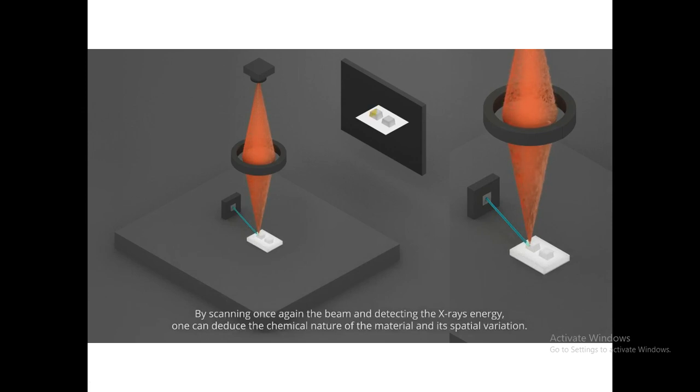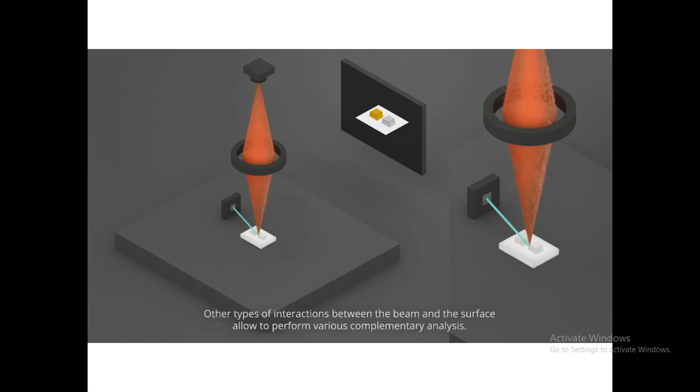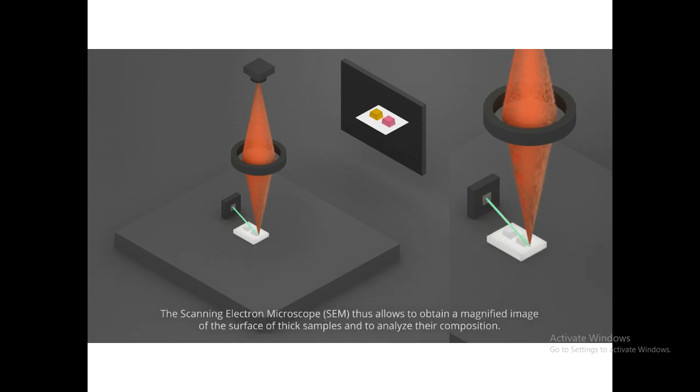By scanning once again with the beam and detecting the X-ray energy, one can deduce the chemical nature of the material and its spatial variation. So one can go for chemical analysis by using these X-rays. That is how the SEM works. It is mainly used for surface morphology, and also for checking the chemical composition of an element that is being used.